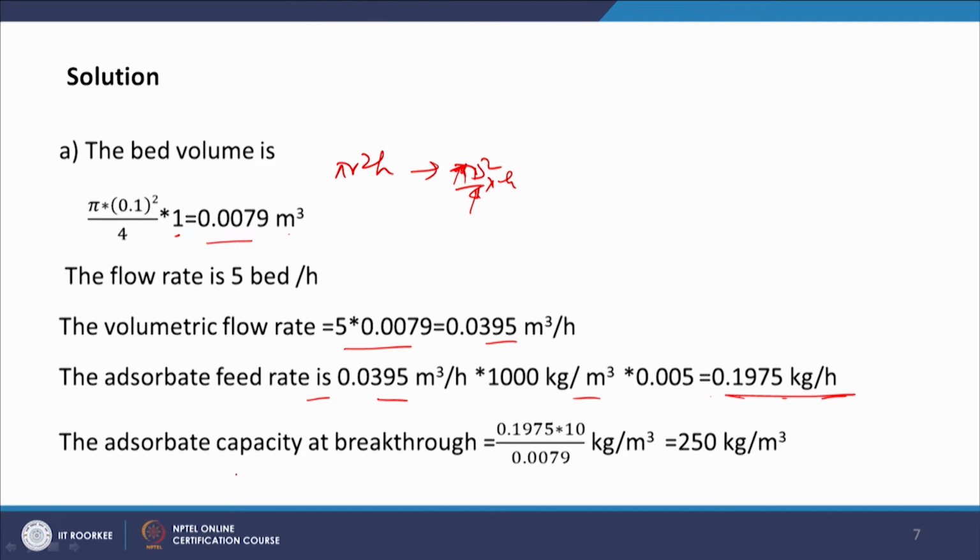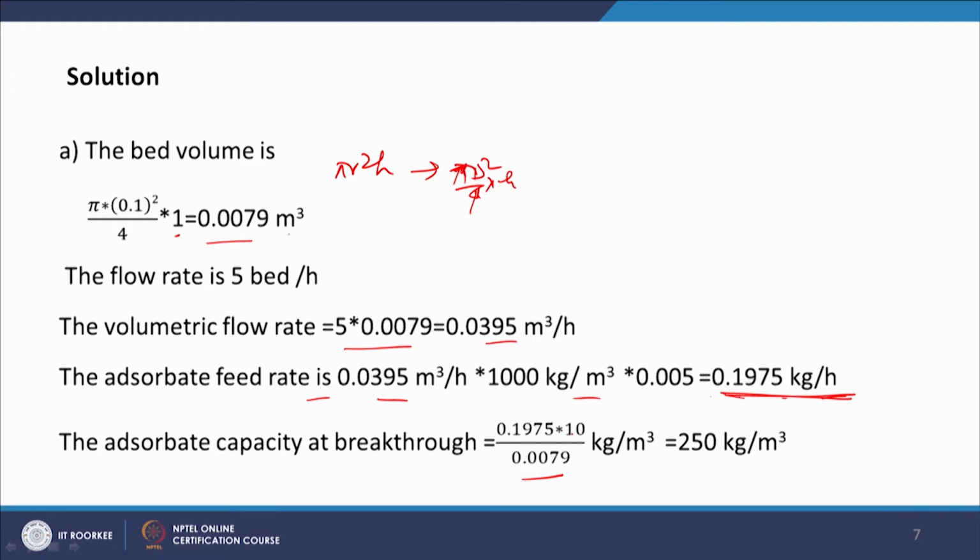Then the adsorbent capacity at breakthrough, what will be our adsorbent capacity? This is our adsorbate which is captured by the adsorbent. The volume of that adsorbent is the reactor volume 0.0079 and 0.1975 into 10 which we have calculated here.